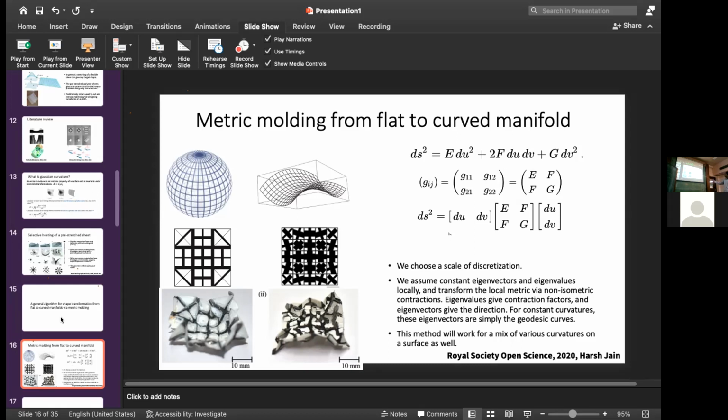And the metric will also give me the orientation of these contraction vectors. But in this simplified case, the orientation directly corresponds to the geodesics on my surface. What's the geodesic? It's the latitudes and longitudes in the case of a sphere, and these straight lines in the case of a negative saddle curvature.